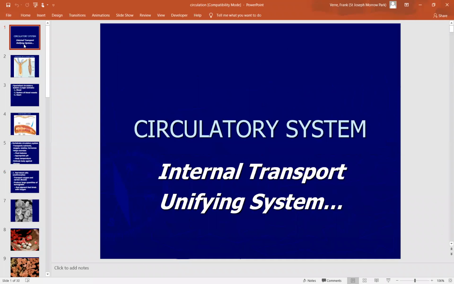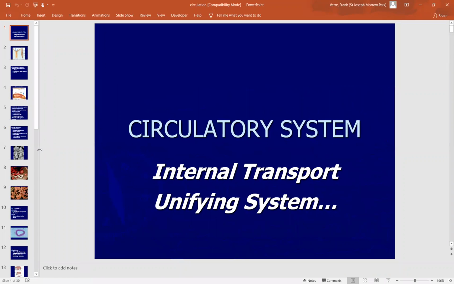All right. So the last formal topic will be the circulatory system. We'll talk about the role of the circulatory system and what it's made of. Actually, it's kind of neat because it ties in really nicely with what we did before, which was the respiratory system and the digestive system.